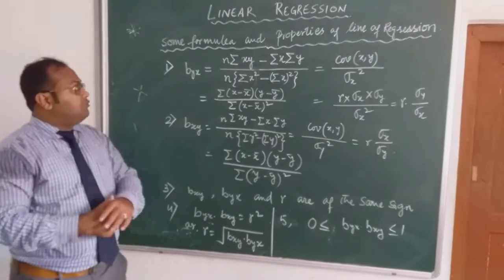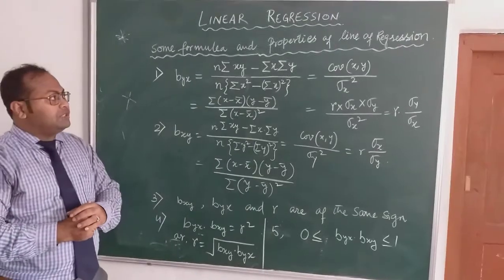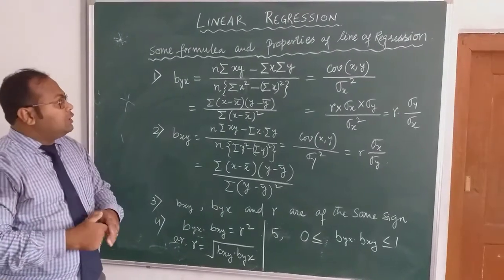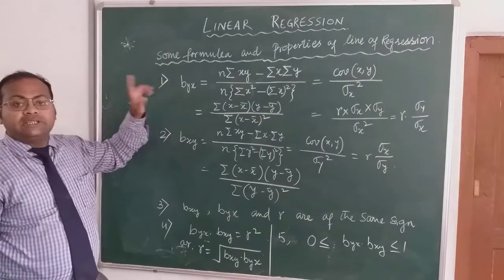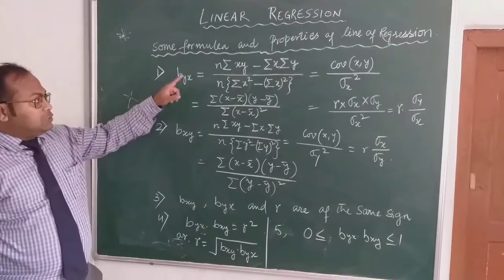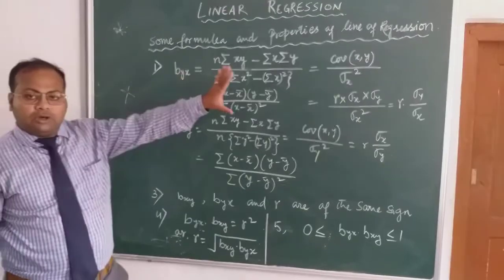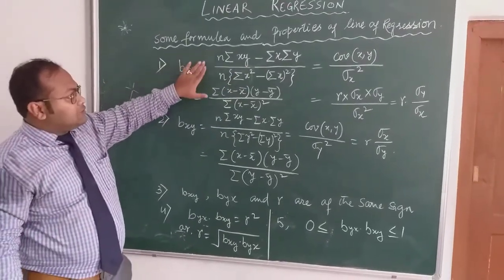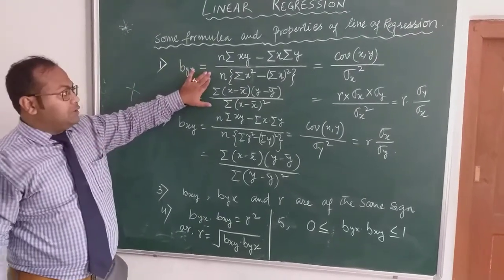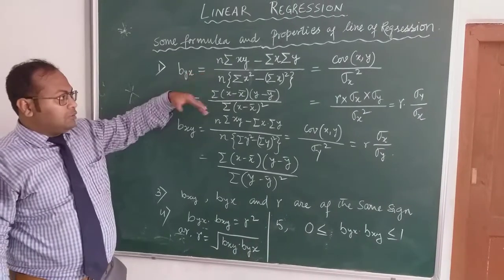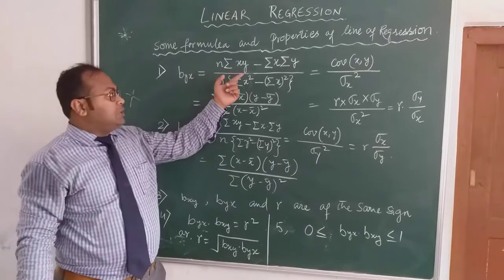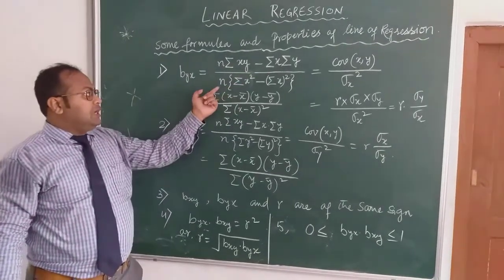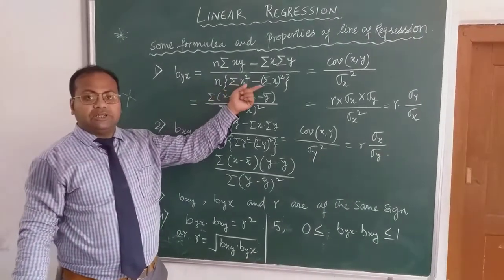So here we have some formulae and properties of the line of regression. So we all know that byx is the regression coefficient of y on x. These are the formulae of byx, which we can write in this form, as we derived in the previous topic: n into summation xy minus summation x into summation y, by n into summation x square minus (summation x) whole square.